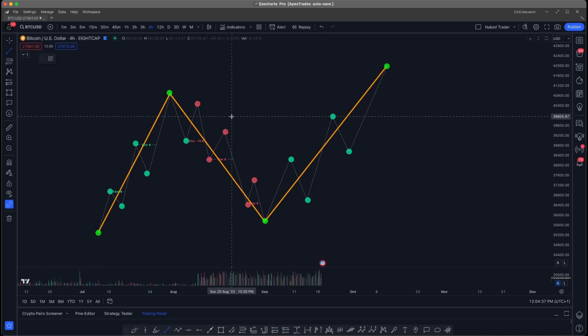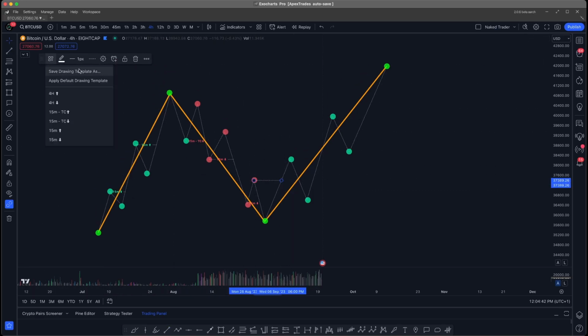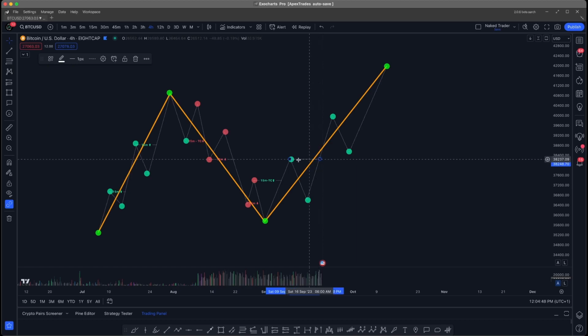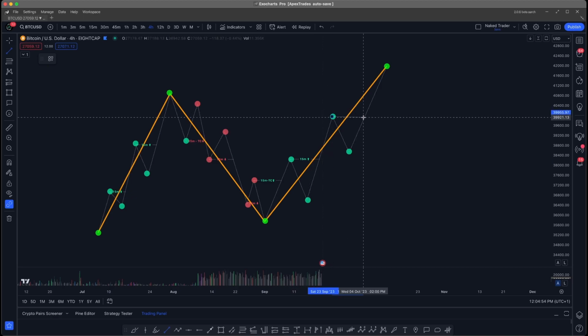And so then we get a new trend change, which is a 15 minute up trend change. And then we just get that same structure, right, where it's just a nice upward move. And then just to finish that off, we get our 15 minutes up.